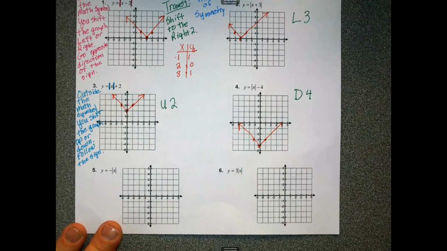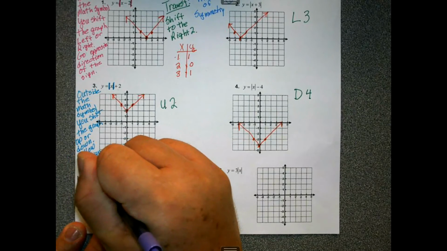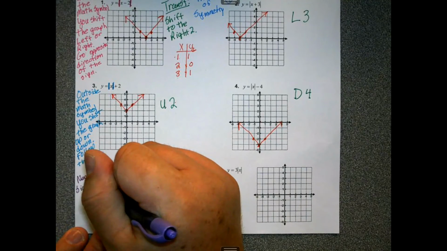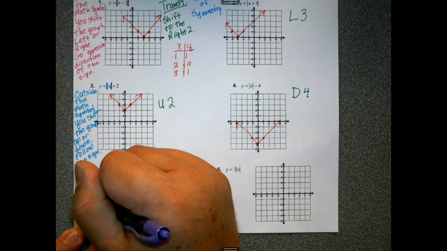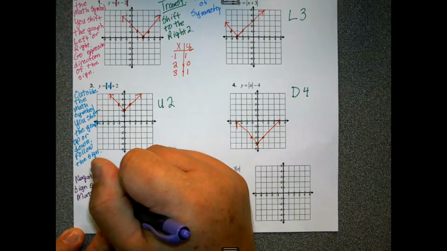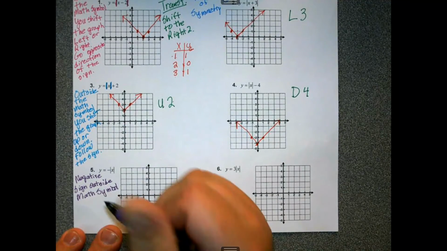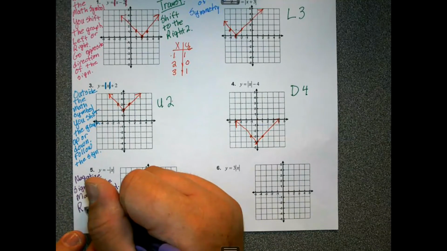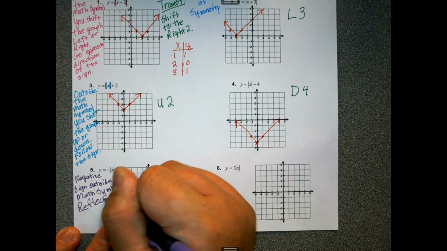So if I have a negative sign outside the math symbol, the transformation is reflect. It's a reflection. Let's just call it a reflection.